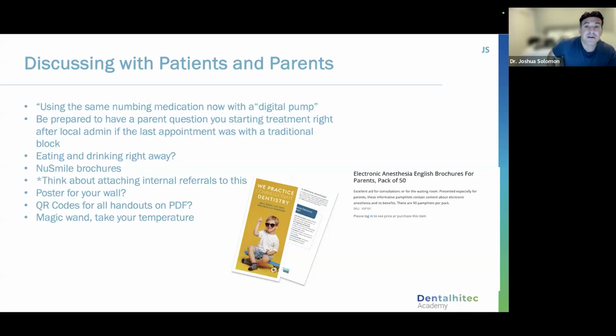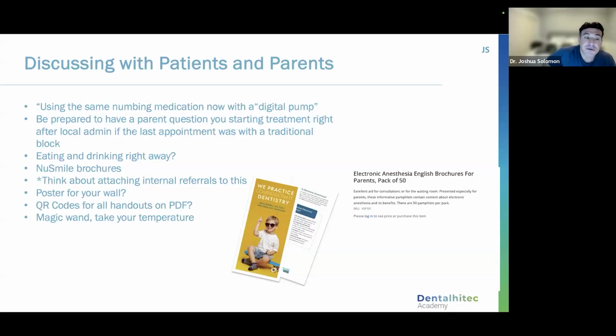And if their child is relaxed, you tell them, hey, everything's great. I would much rather have them looking at something about your practice than just on their phone, texting their friends or checking in on doing their taxes or something, right? So this is a great way to introduce internal referral codes.